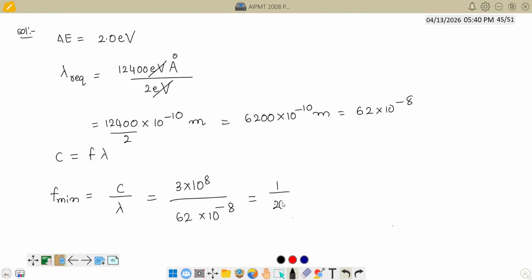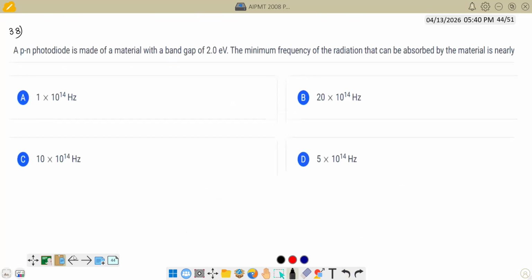So I get 1 by 20 into 10 power 16, which is 1 by 2 into 10 power 15, so 5 into 10 power 14 hertz. All these are approximate only. So the answer is 5 into 10 power 14 hertz, which would be my option D.